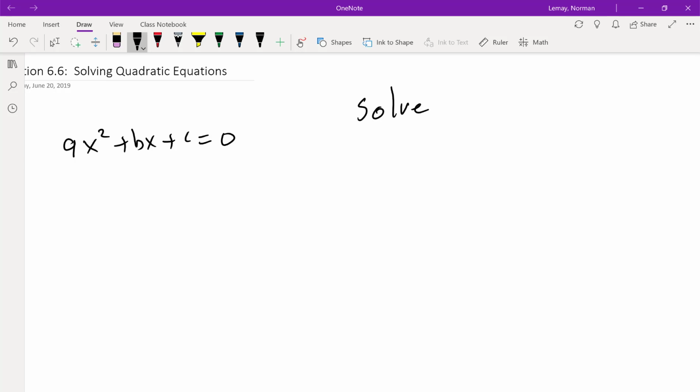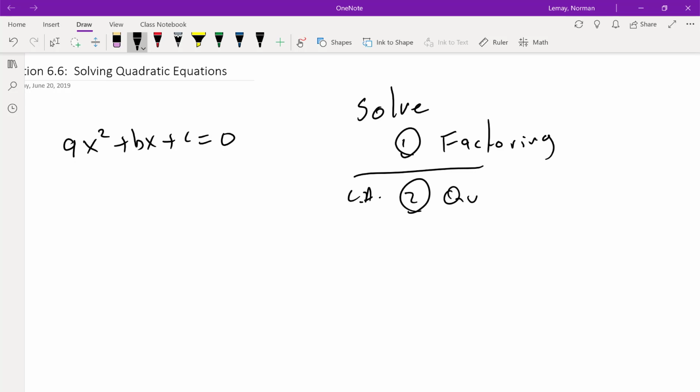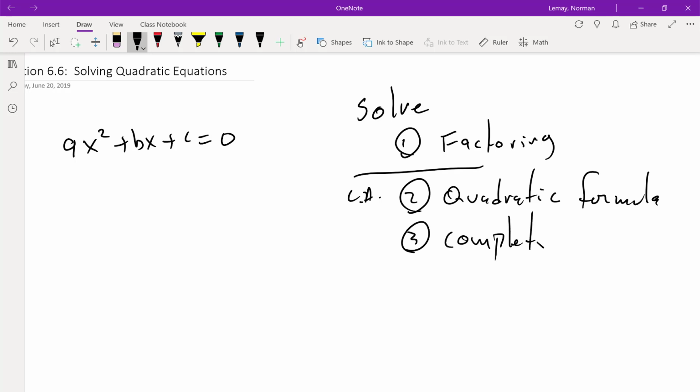So there are many methods to solve. We are going to talk about solving by factoring. This is going to be our way of solving the quadratic equation. Now when you get to a college algebra class, you're going to learn another method called the quadratic formula, and then you're going to also learn another method called completing the square.